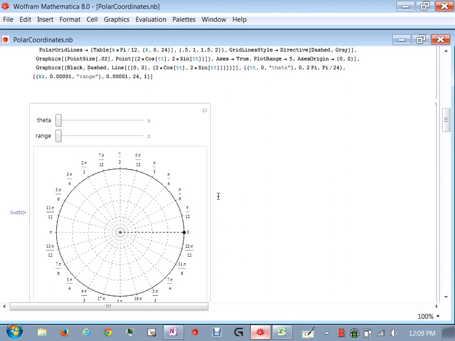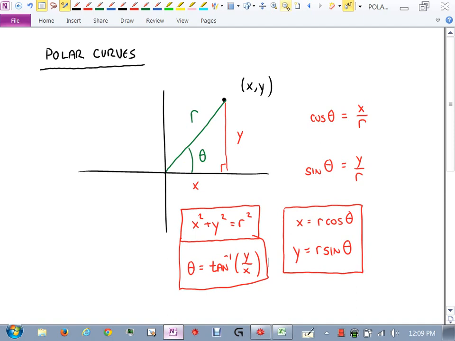Okay, on your first one, I forgot to tell you the way we write polar curves. Polar curves are written this way. How do you write parametric curves? Parametric curves, x is a function of t, y is a function of t, right? The way you write a polar curve is this. R is a function of theta.